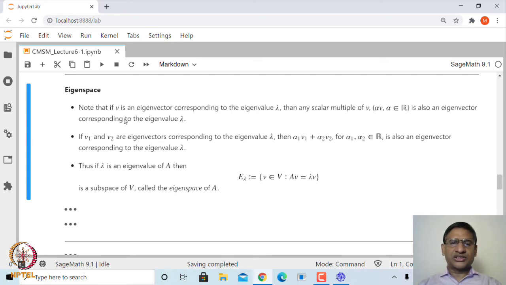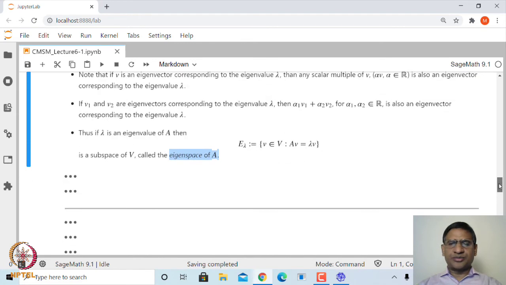and that means that if I consider the set of all eigenvectors of A with respect to eigenvalue lambda, that is a subspace of the vector space V, known as the eigenspace of A corresponding to eigenvalue lambda, right. This is an important concept.